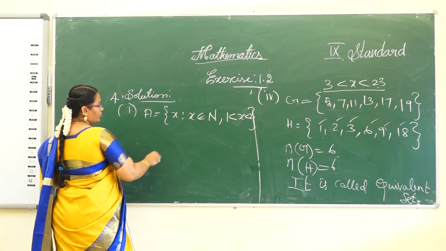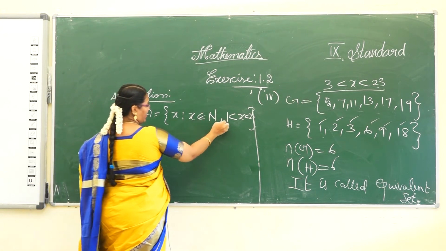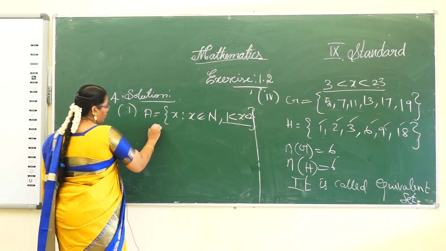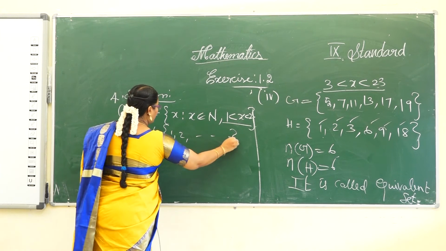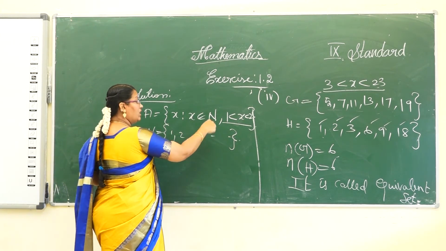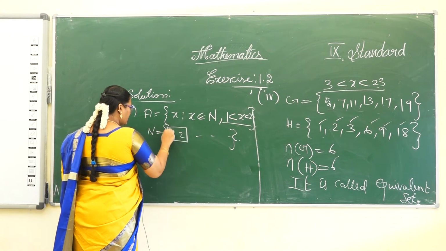Listing the elements, natural numbers start from 1, 2, 3, etc. It's an infinite set. Here the condition is given 1 less than x less than 2. Are there any numbers between 1 and 2?